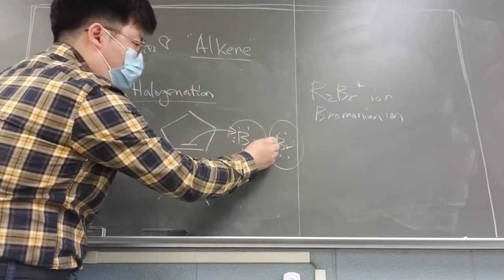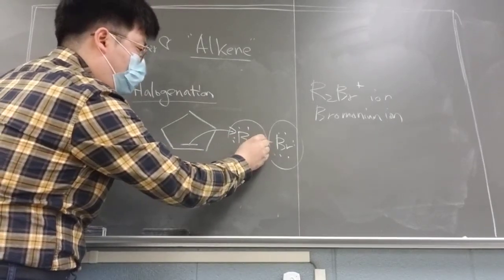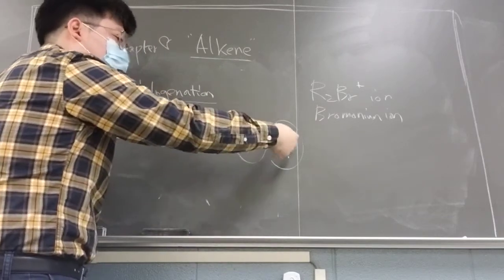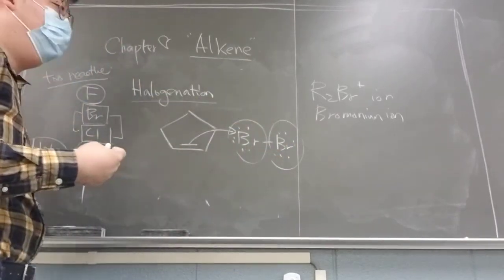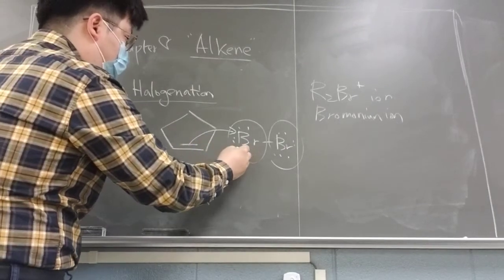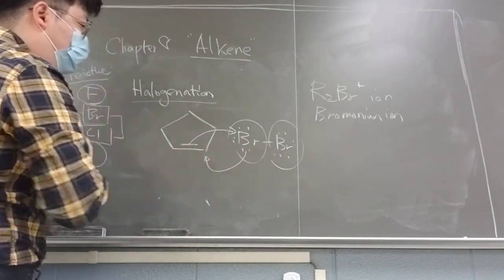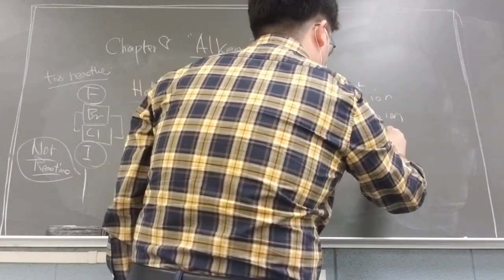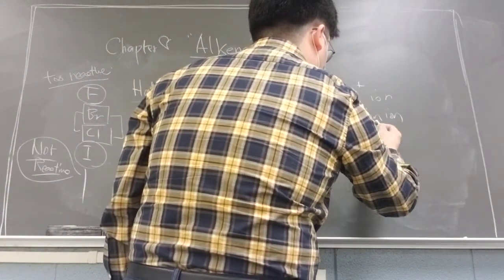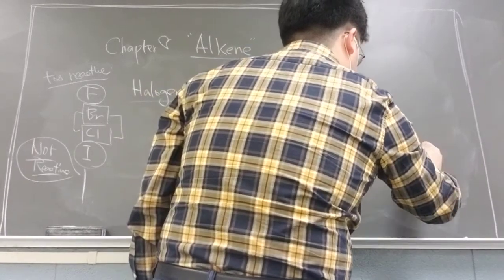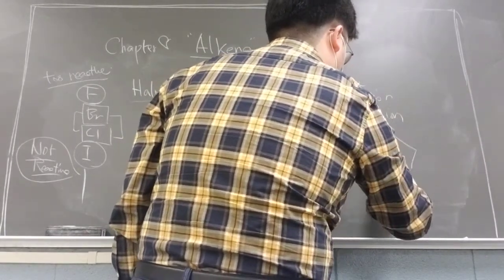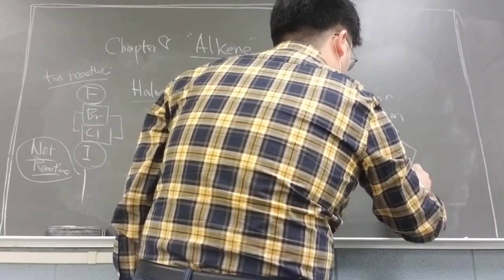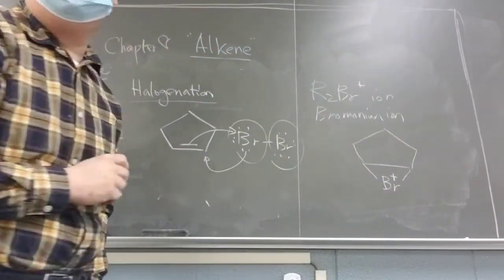So it has 1 bond there. So it should be 1, 2, 3, 4, 5, 6, 7, meaning each bromine in this form has to have 3 lone pairs. So then they're actually going to attack here. So what happens to this one is they form this one.